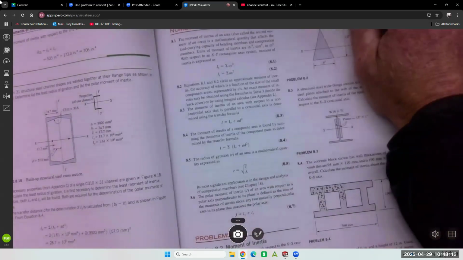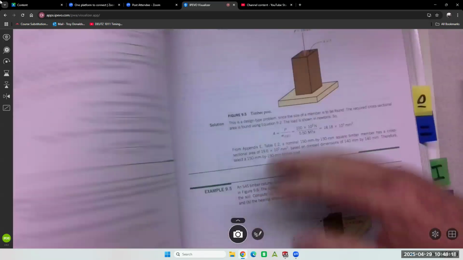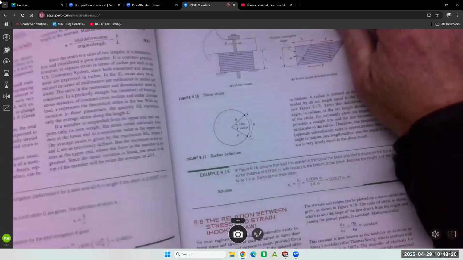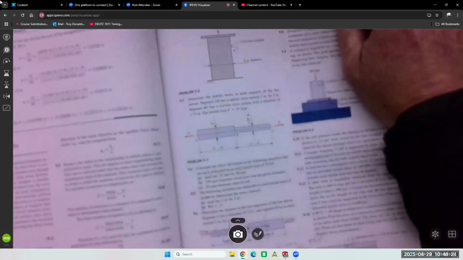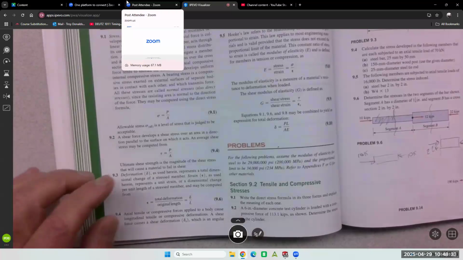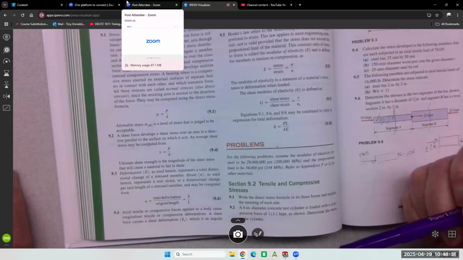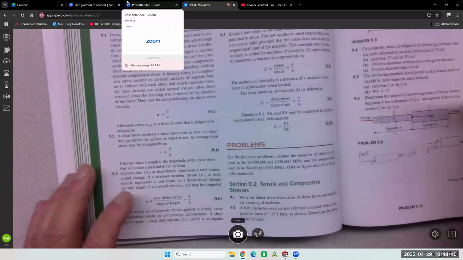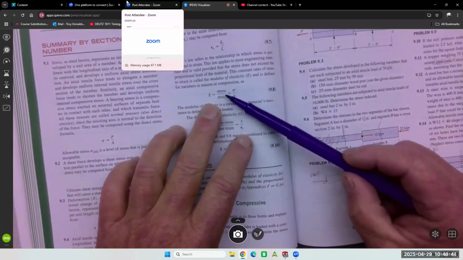It's how much something twists. All right, then we got into the nuts and bolts of it, which was stresses. Stress and strain. That chapter summary starts with regular average stress, P over A, and then shear stress is P over A. And then we did elongation, and we talked about modulus of elasticity and how to use it.